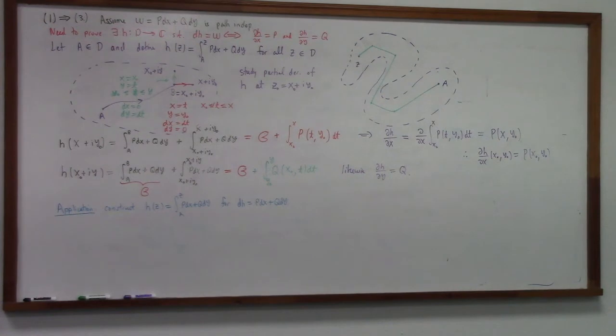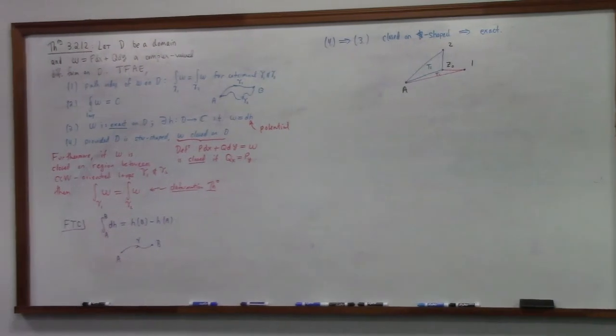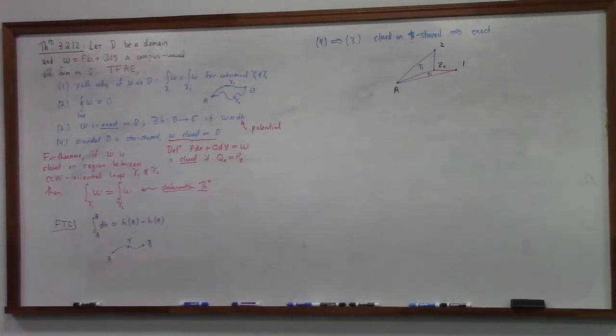So I will call the upper triangle T2. And the lower triangle T1. All right. And we're going to assume that D is star-shaped and that we have a closed form on D, right? So D is star-shaped and we have a closed form omega on D.